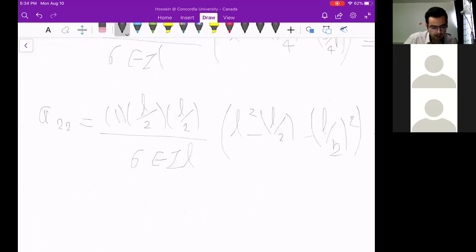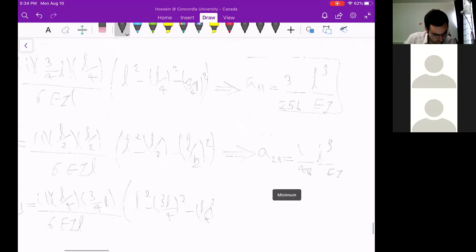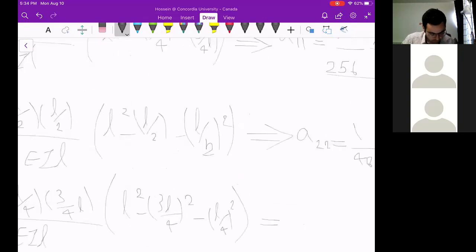And A33 is going to be 1 times L over 4 times 3 over 4 L over 6EIL, times L squared minus (3L over 4) squared minus (L over 4) squared, which is going to be 3 over 256 L cube over EI.